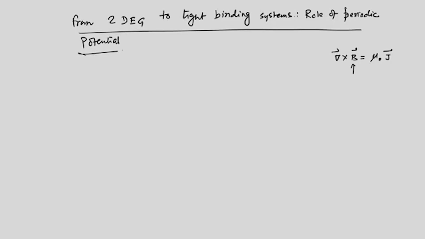Another simple way of understanding it is that there is a phase that the wave function picks up in the presence of the magnetic field. This phase is equal to i times the integral of A dot dl, which you can write as B dot dS, which is nothing but the flux. This is the phase that the wave function of the charged particle picks up.